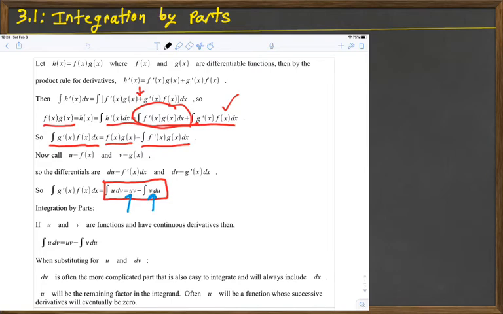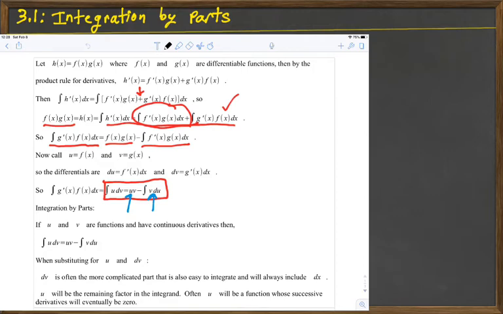So it's the ultraviolet voodoo doctor. Maybe that helps you remember the formula. Certainly one thing you can do to help it stick is every time you use it, just rewrite it down. So integration by parts: if u and v are functions and have continuous derivatives, then the integral of u dv is equal to uv minus the integral of v du.